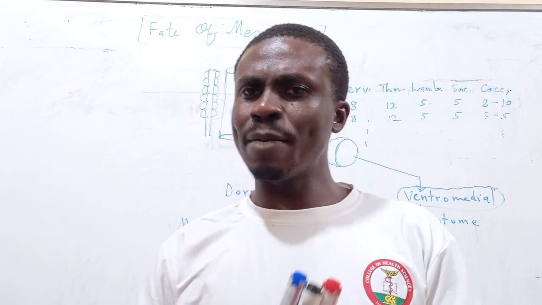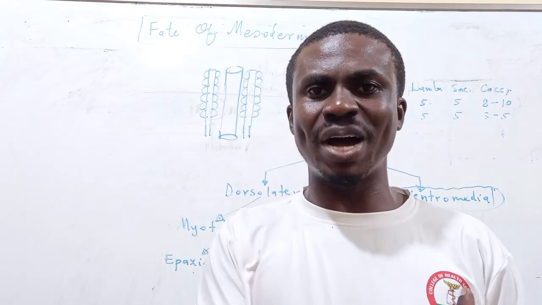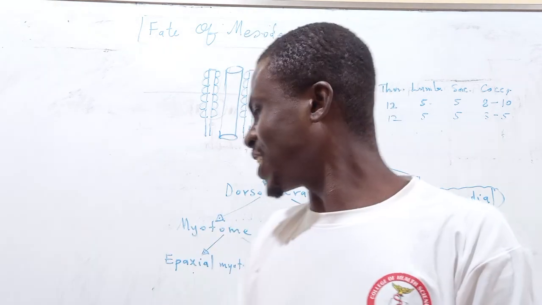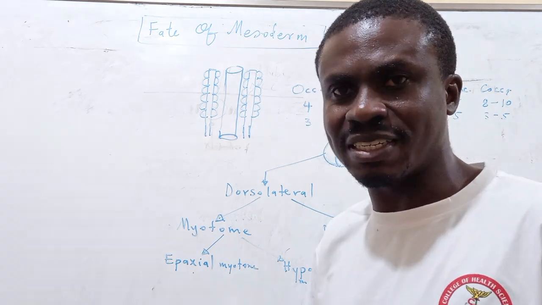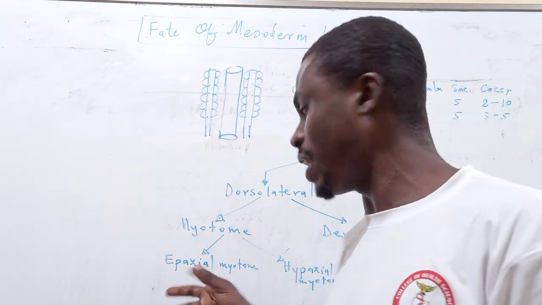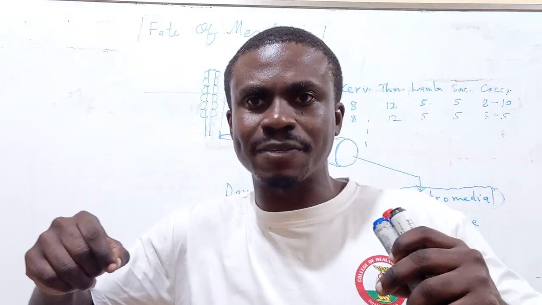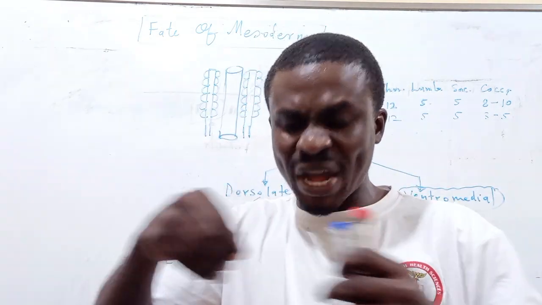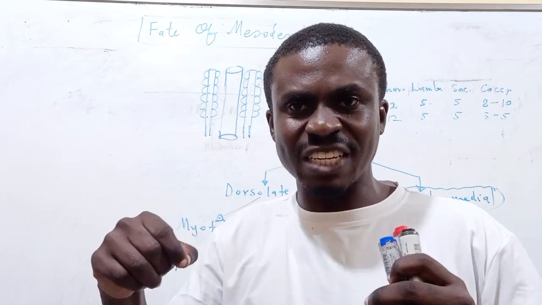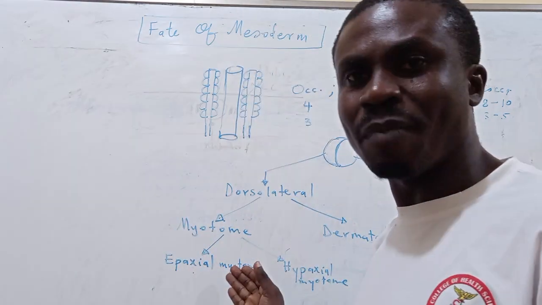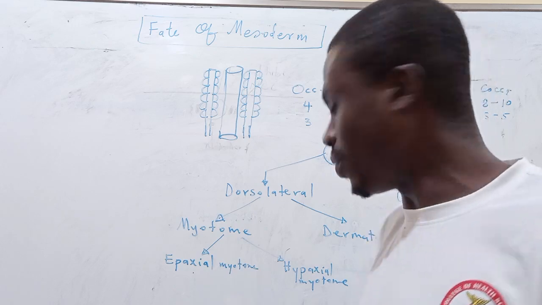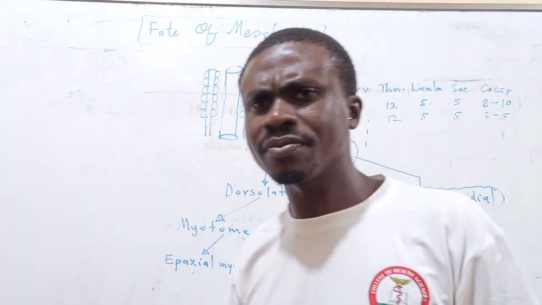Now, anytime you hear the word myo, it has to do with muscle. So there are some muscles we call epithelial muscles. I mean, they will be coming from this epithelial myotome. That's above. So above the axis of the spine, the axis being the spine, we have epithelial muscles. And then ventral, in front, we have hypophyseal muscles.